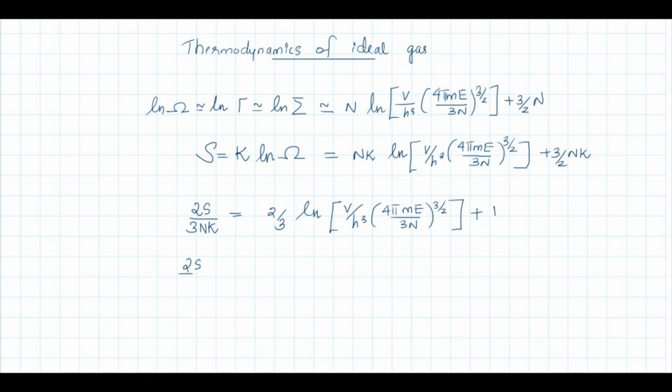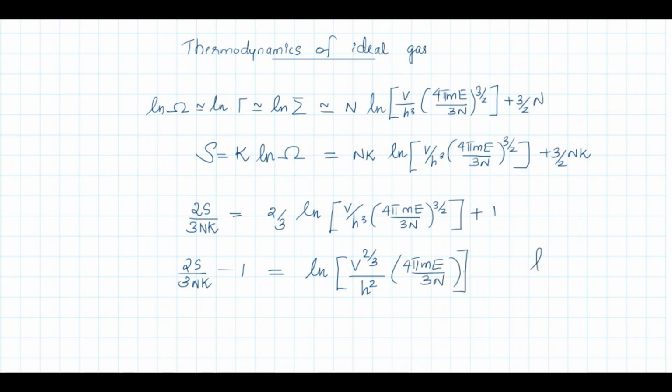So 2S by 3 N k minus 1 is equal to log of V raised to 2 by 3 divided by h squared plus log of 4 pi m e by 3N.